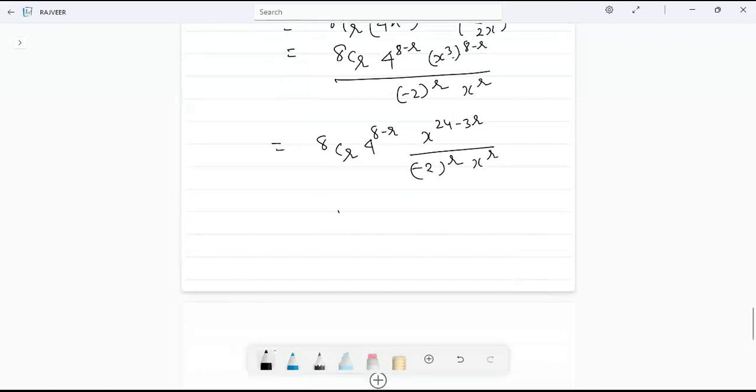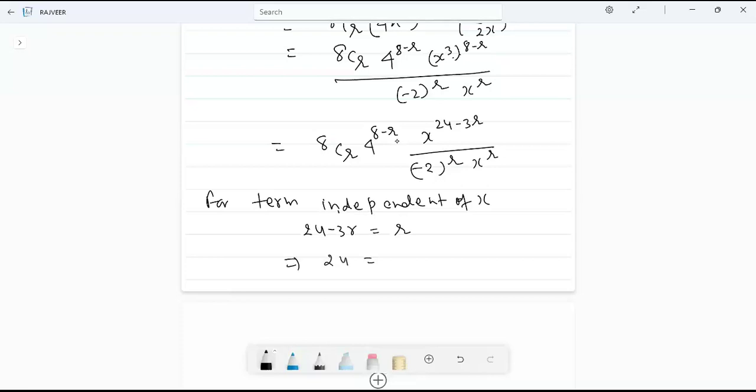What will we write? For the term independent of x, 24 minus 3r should be equal to r, and from here 24 equals r plus 3r, that is 4r. So the value of r that we are going to get is 6.